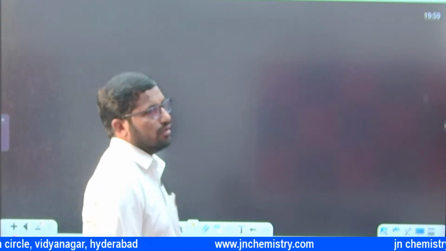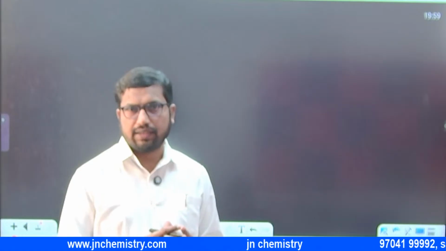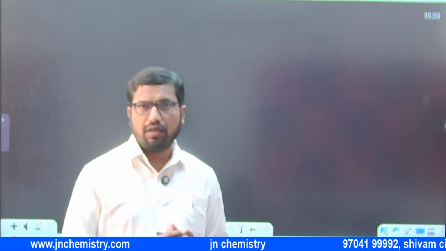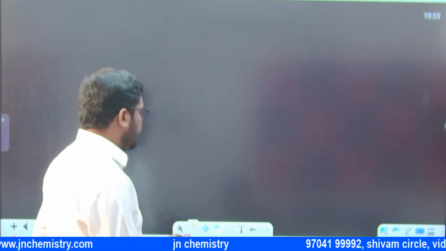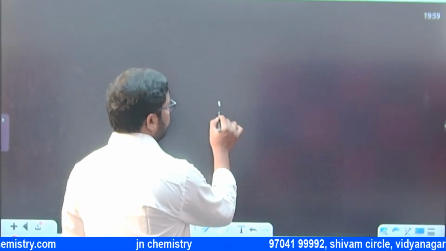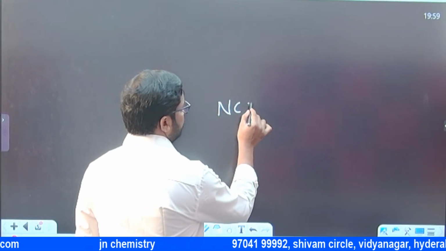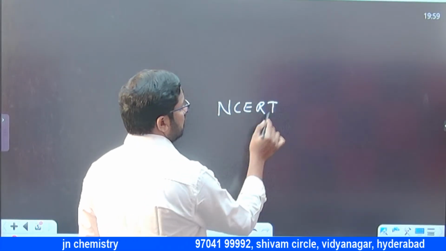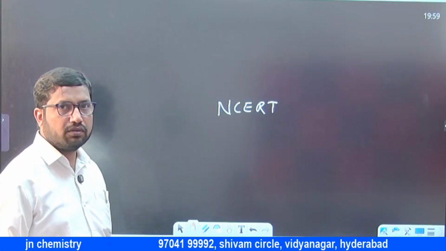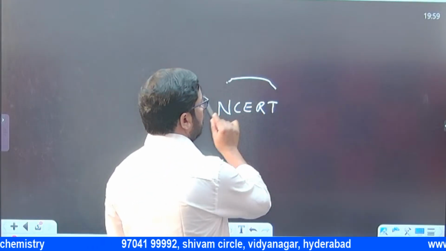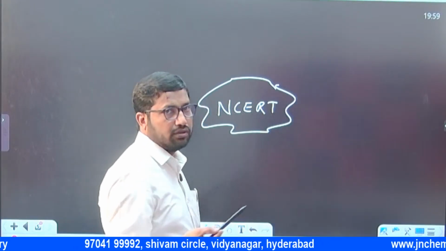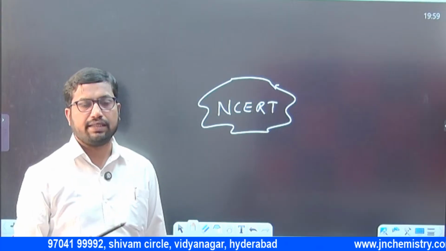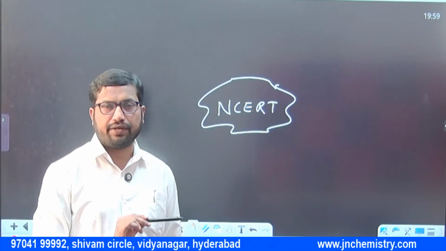Now, this is about ionic equilibrium. Almost all of it we did. So chemical equilibrium and ionic equilibrium we discussed in detail. Now your job is to go through the NCERT textbook and solve the in-text as well as backside questions, each and every question.